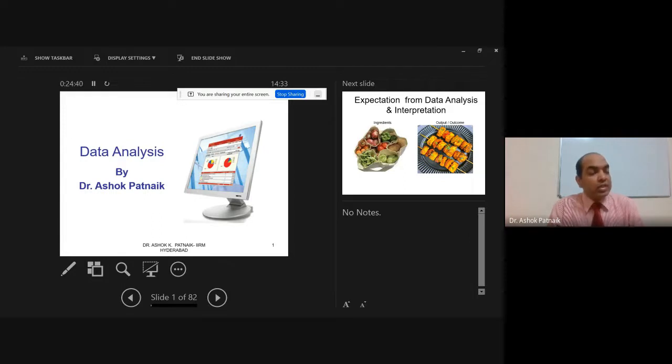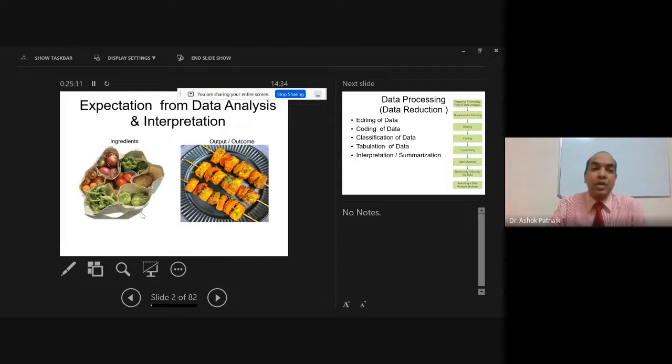So data analysis is a process for obtaining raw data and subsequently converting it into information useful for decision making by users, and data is collected and analyzed to answer the questions. Also, it is used to test the hypothesis or prove or disprove some kind of theories related to different subjects or areas. So with that, we start the data analysis topic today.